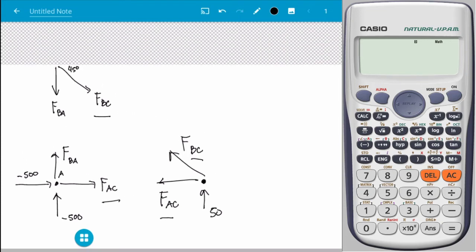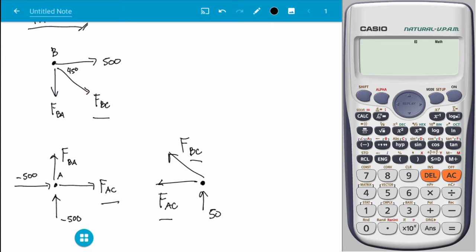Now, anong ibig sabihin nun pag same, sir? So, notice na tatlo yung unknowns natin. We need to solve for the bar forces BA, BC, and AC. Now, sir, kailangan ko ba talaga i-consider yung lahat ng joints? Na actually, hindi. Notice na if you try to consider joint C, you can actually solve BC and AC.